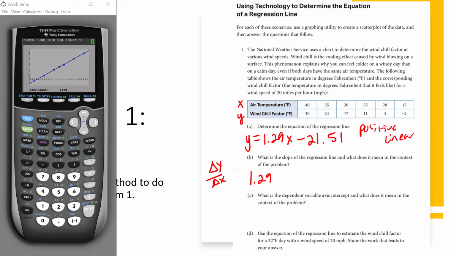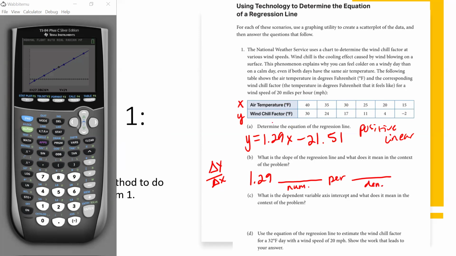So when I'm describing what's happening, I'm describing the change between these two, right? So we're at 1.29 degrees of wind chill, per, and what's the denominator? Degrees of air temperature, however you want to write it. As long as you define the variable of your numerator per the variable of your denominator, that is the most basic way of writing a description. So the first part is going to be your numerator description per your denominator description.